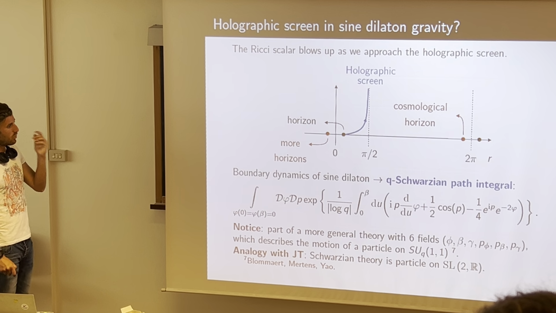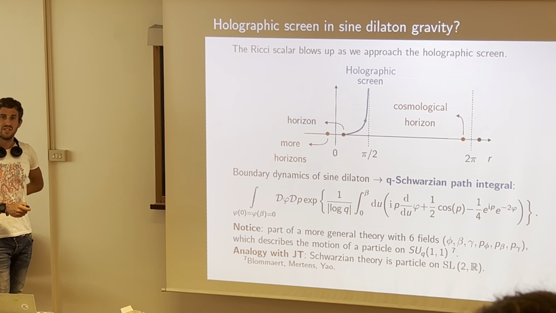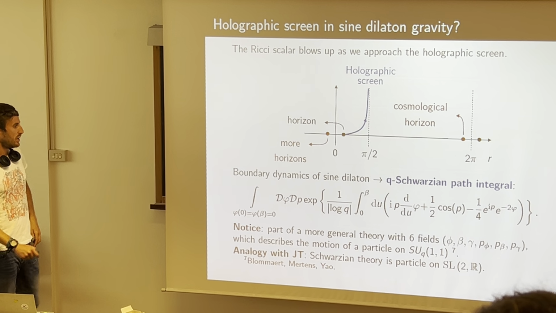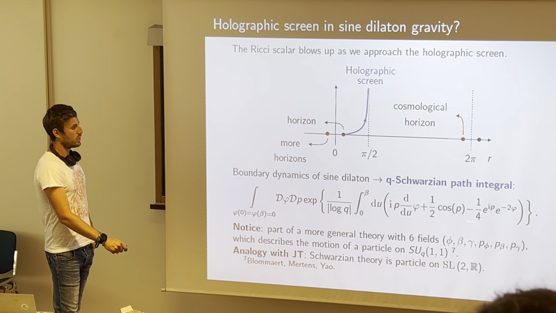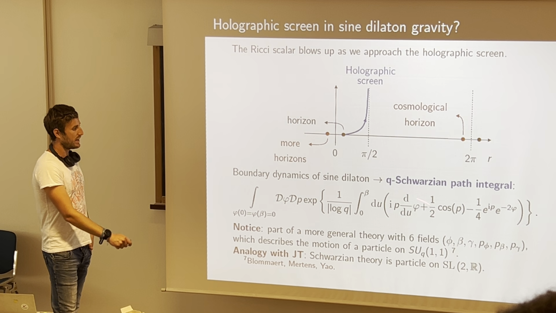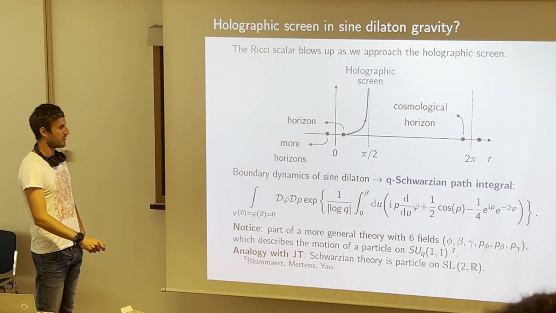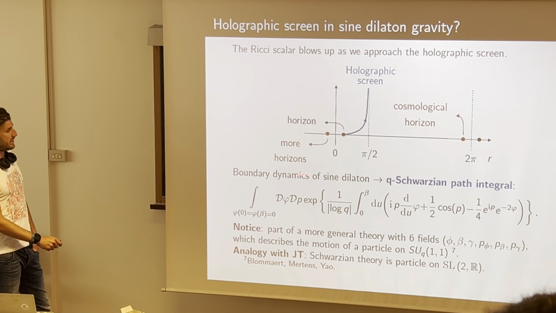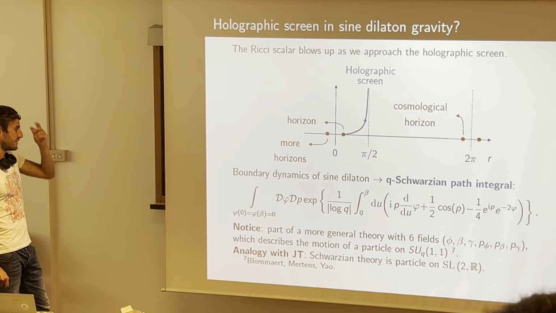So one way to understand that is to characterize the algebra, the induced algebra on the boundary. So we computed before the Hamiltonian of sine dilaton gravity, which takes this form, right? And by performing a Legendre transform, this becomes a path integral description of sine dilaton gravity. So this path integral is giving me the boundary dynamics of sine dilaton gravity.